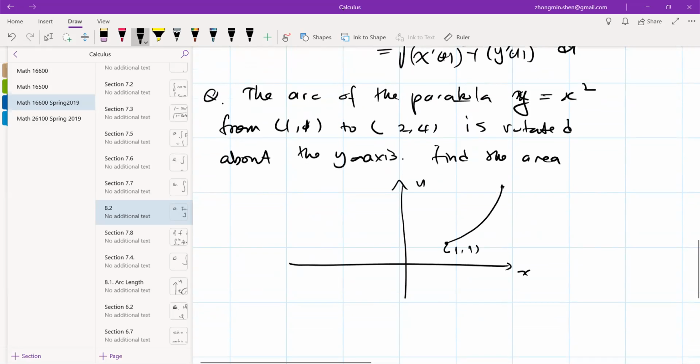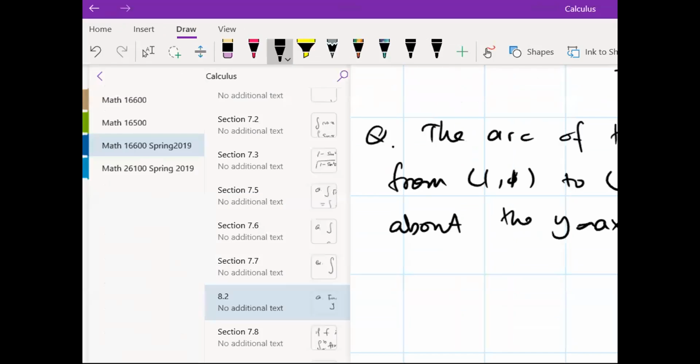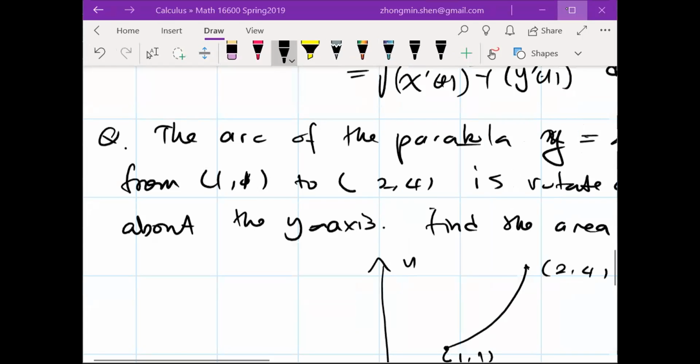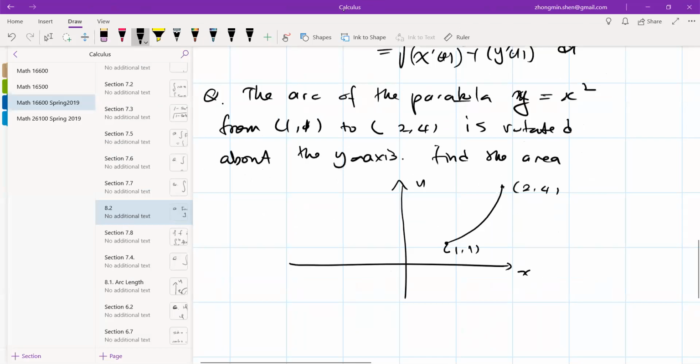Here's (1, 1). Here's (2, 4). Okay, this is just a portion of the parabola. So you're going to rotate it about the y-axis. Okay. I want to know the surface area.